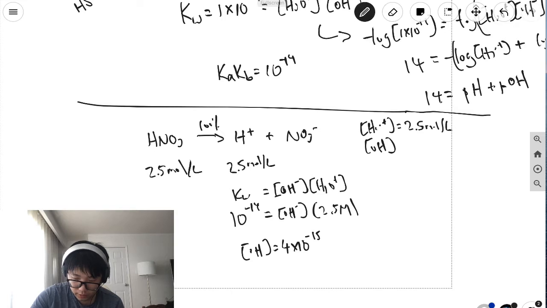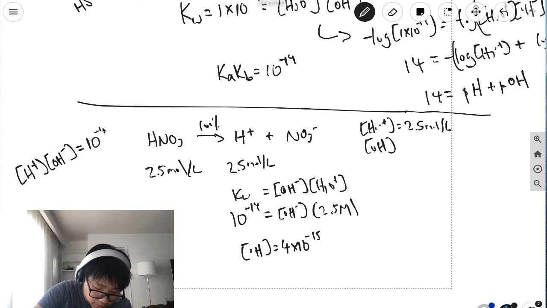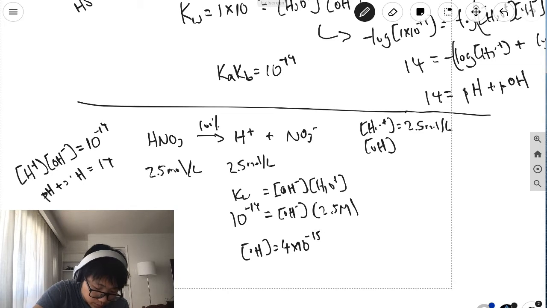All the things that come out of the autoionization equation: the H plus and OH minus concentrations multiply up to be 10 to the negative 14. Then the thing that comes out of that is that pH plus pOH has to equal 14. And also, in relation to Ka and Kb, Ka times Kb also equals 10 to the negative 14.